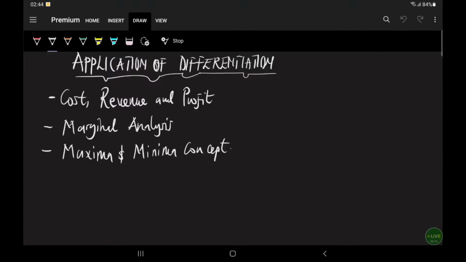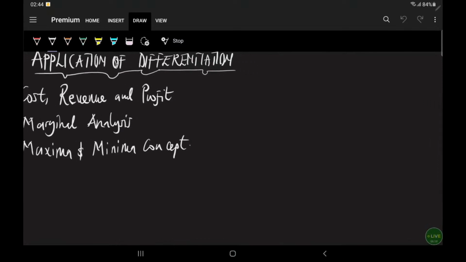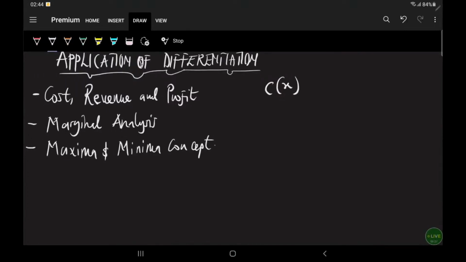So once you know your cost, we can say that the cost for the business can be represented as, let's say, the cost of the product, represented as X. So I can have a cost function for the products that I produce and then sell to customers.